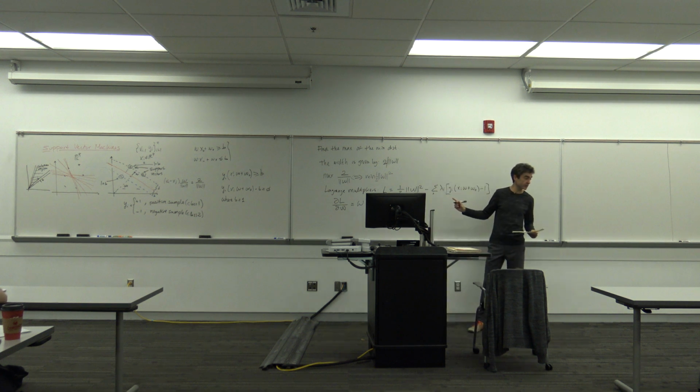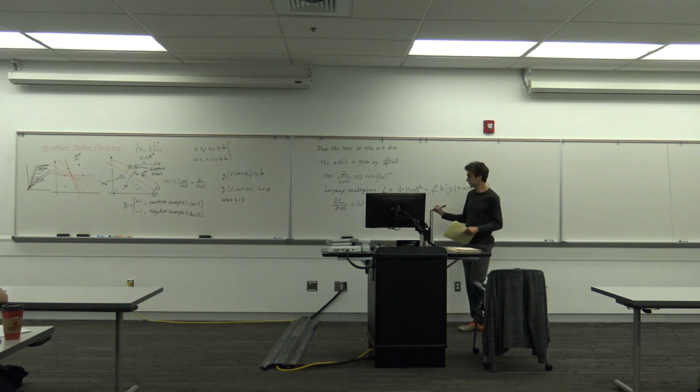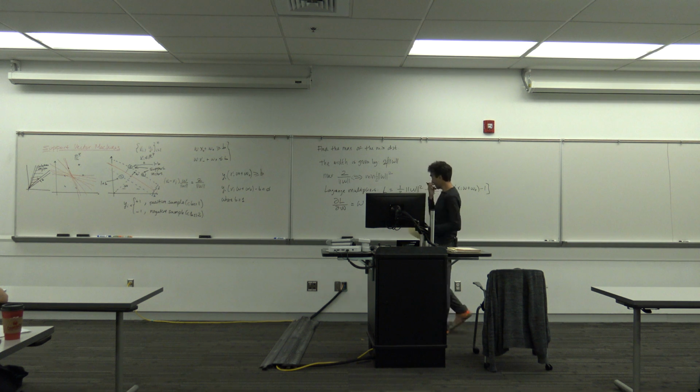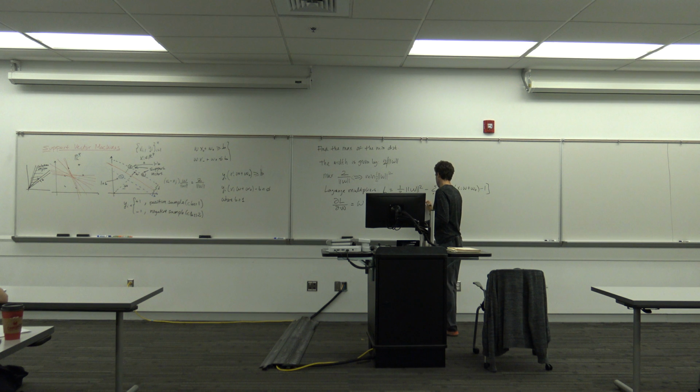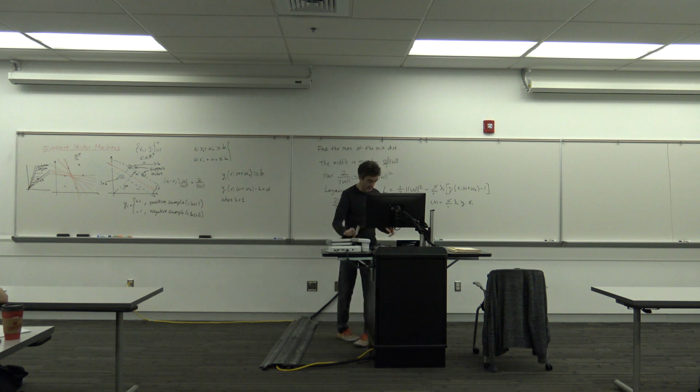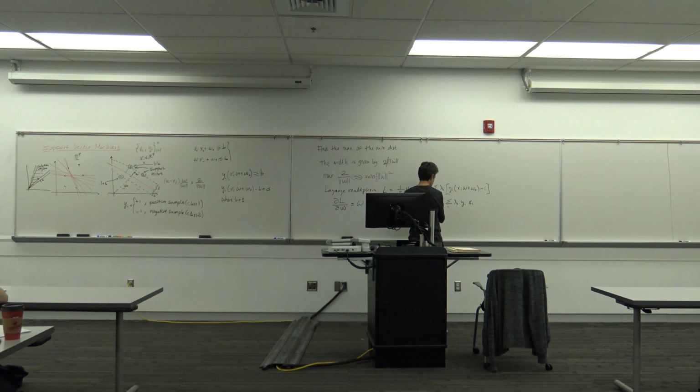What do we equal this to? 0. Very good. And from here, we can find our solution. W is going to be equal to the sum of our Lagrange multipliers times yi times xi, right? And this is our first result right here, our solution.